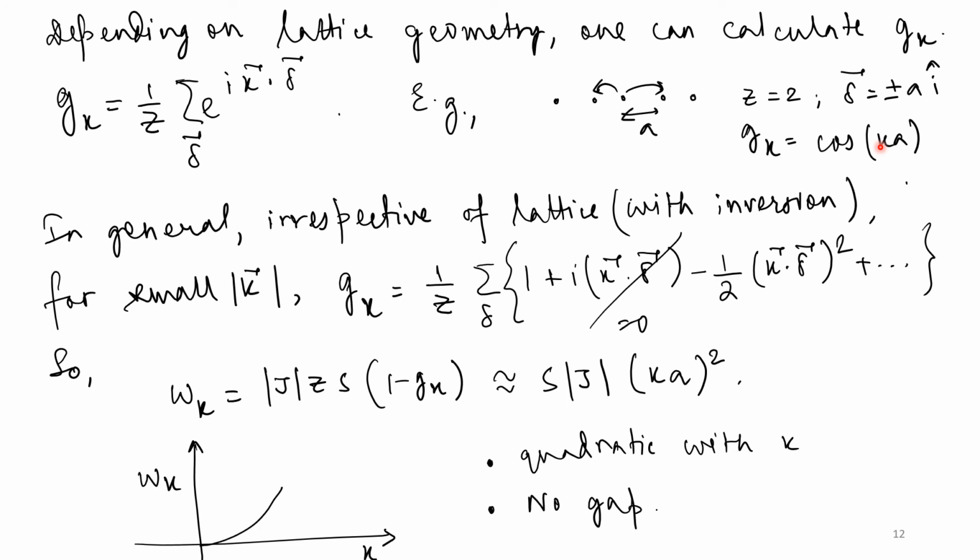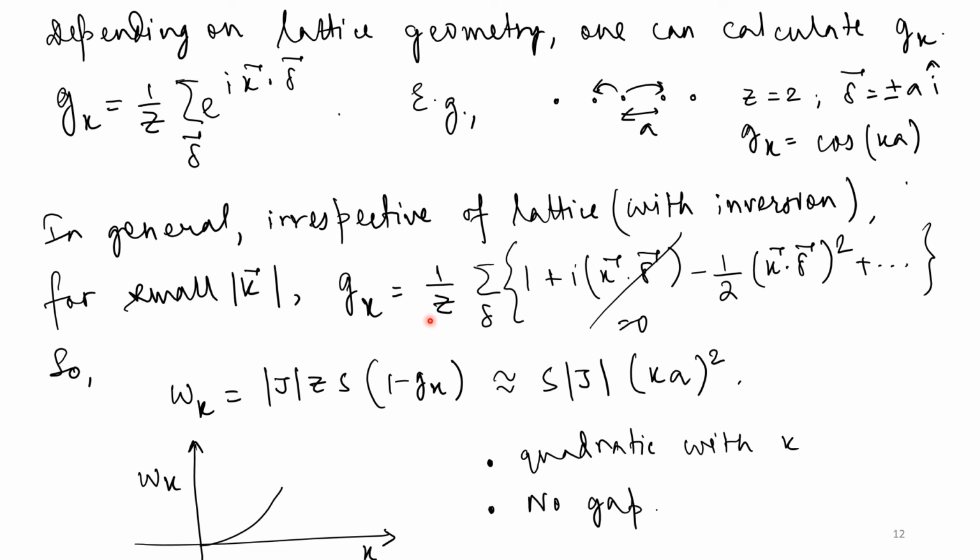In that case, the expression will become quite general. It does not really matter that much on the geometry. In general, it can, but in general it shouldn't, and this is the reason why, because we can just expand this here. We still have inversion, because otherwise we won't be able to arrive at g_k equals g_{-k}. But other than that, let's say we go to small k without thinking about the particular lattice geometry.